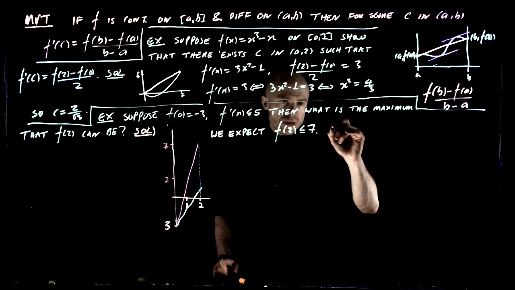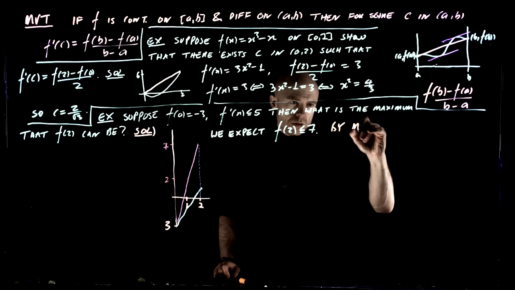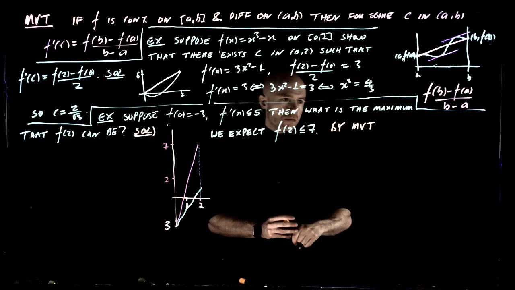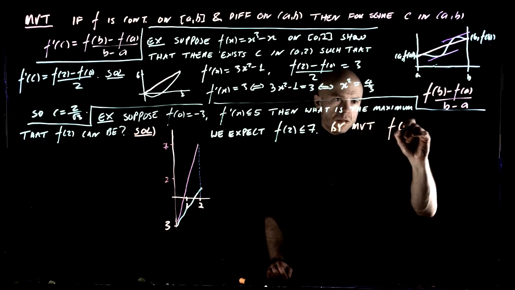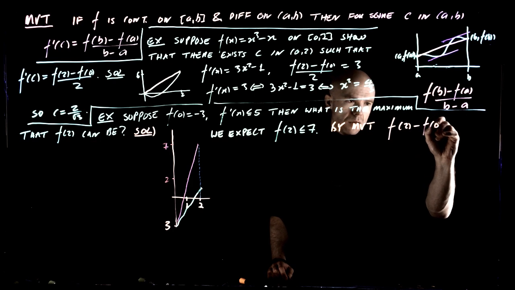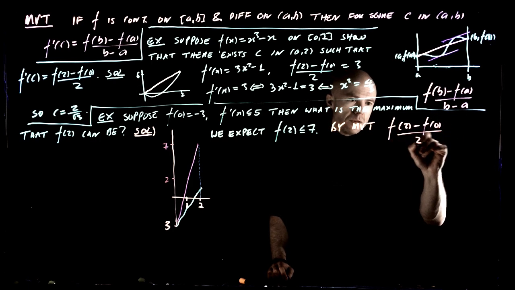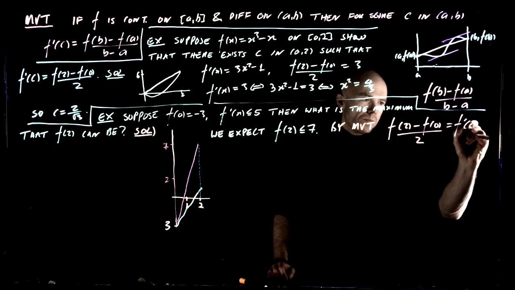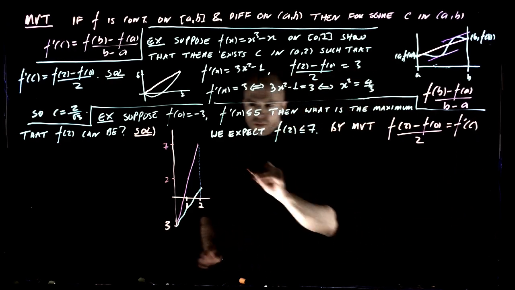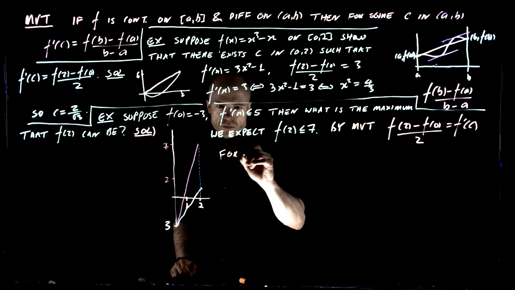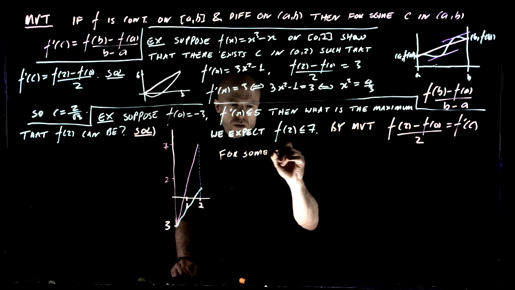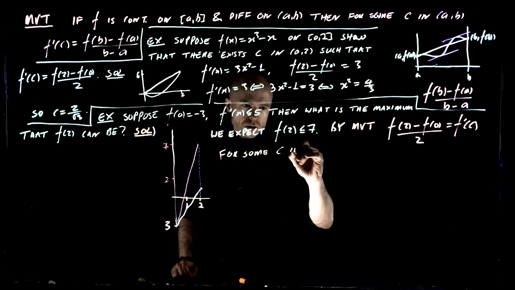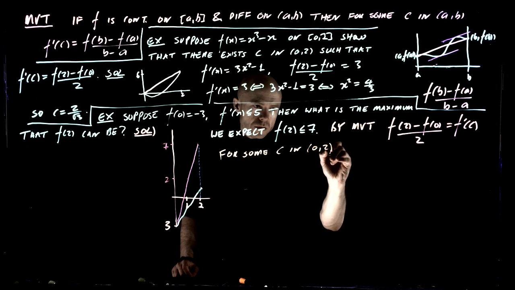Well, by the mean value theorem, what do we know? We know that (f of 2 minus f of 0) over 2 is equal to f prime of c for some c in this interval 0 to 2.